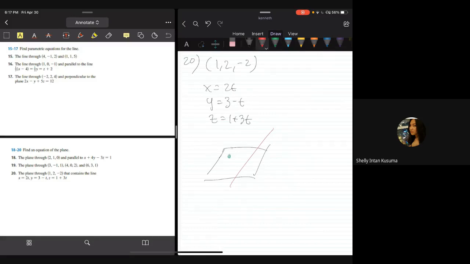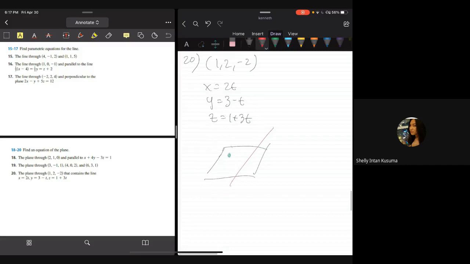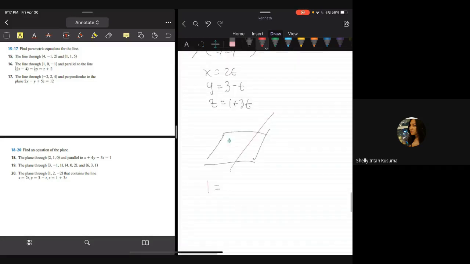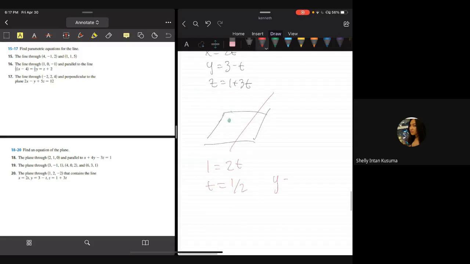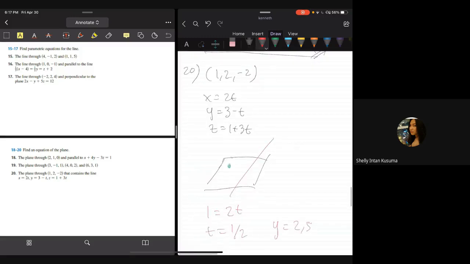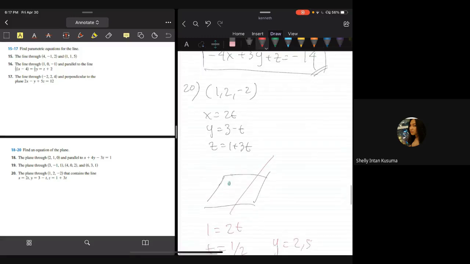So we can check it by using the first one. So if x is equal to 1 and is equal to 2t, then t is equal to half, right? And y is equal to 2.5, which is not our point here. So we can assume that our point here is outside of our line here.